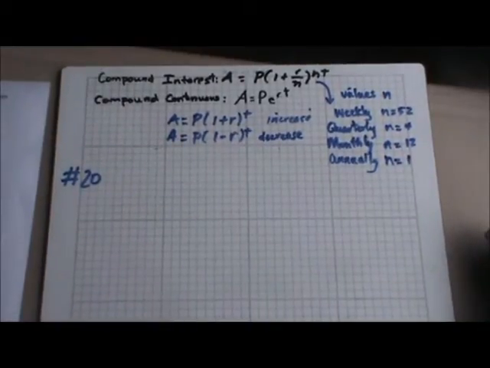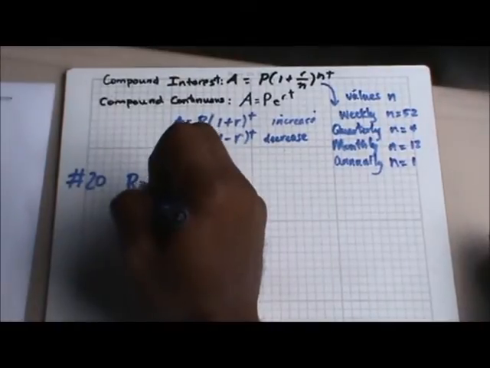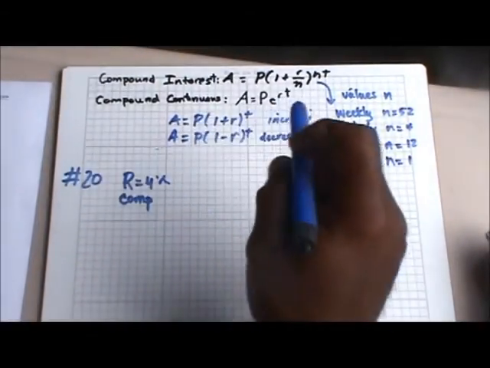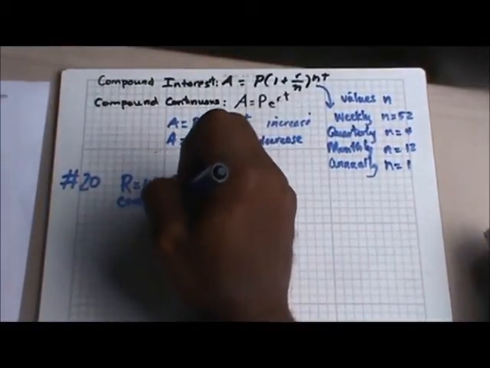Number 20. An account pays 4% interest compounded monthly. R is 4%. So we're going to go to the compound interest formula.